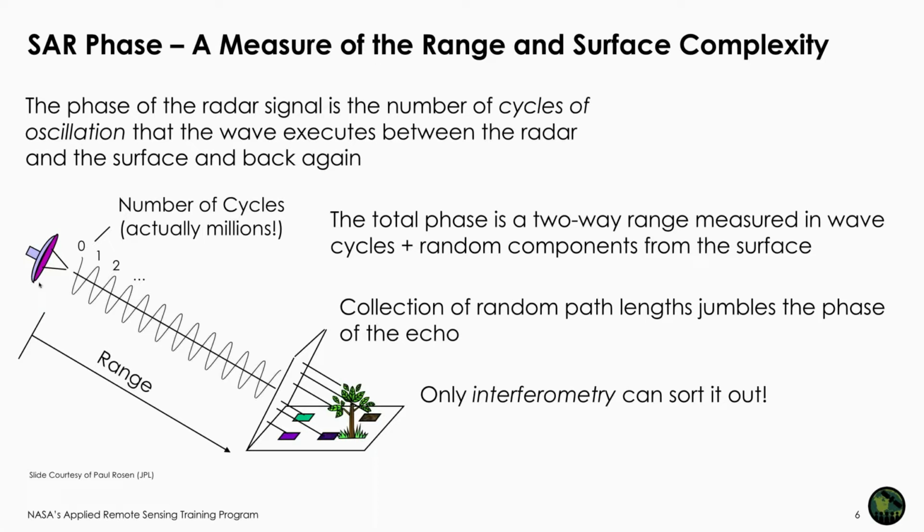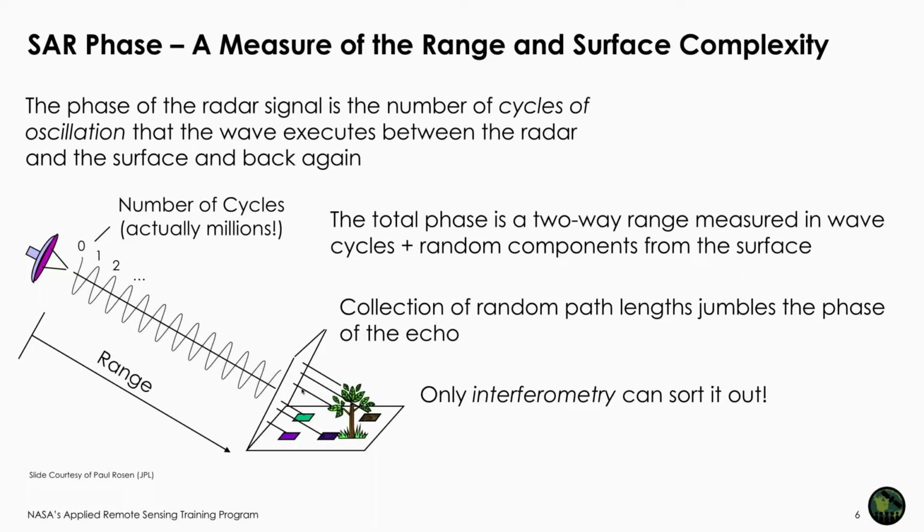And there's also a huge number of radar wavelengths, millions, from the satellite to the ground. Radar satellite wavelength is on the order of a few centimeters to 25 centimeters, and the distance is hundreds of kilometers. So how do we measure this phase in a useful way?